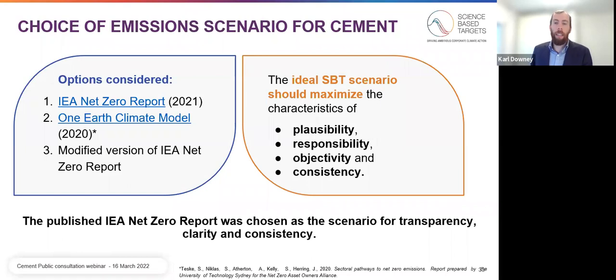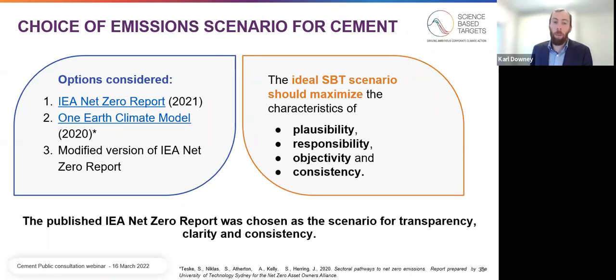So given everything that Andreas has presented and the fact that we wanted a cement-based pathway, we have a number of characteristics that we use in the SBTi to choose an emission scenario that would meet the requirements. First is plausibility: the emission scenario should have a credible narrative of how the emission reductions will be achieved.